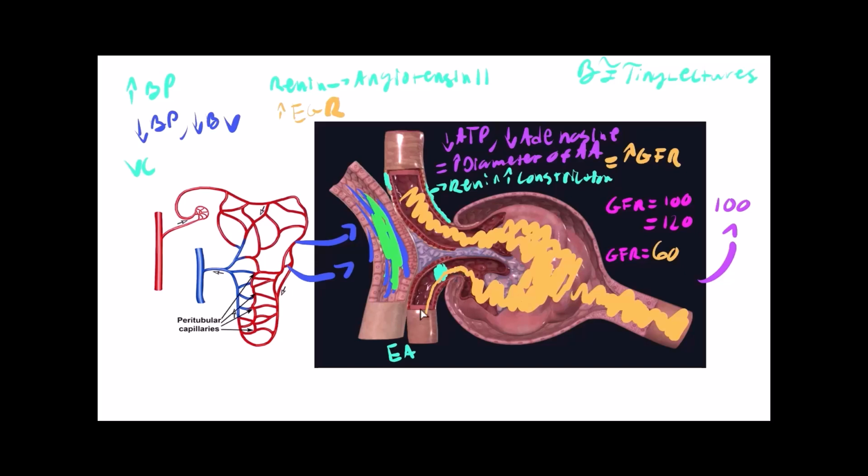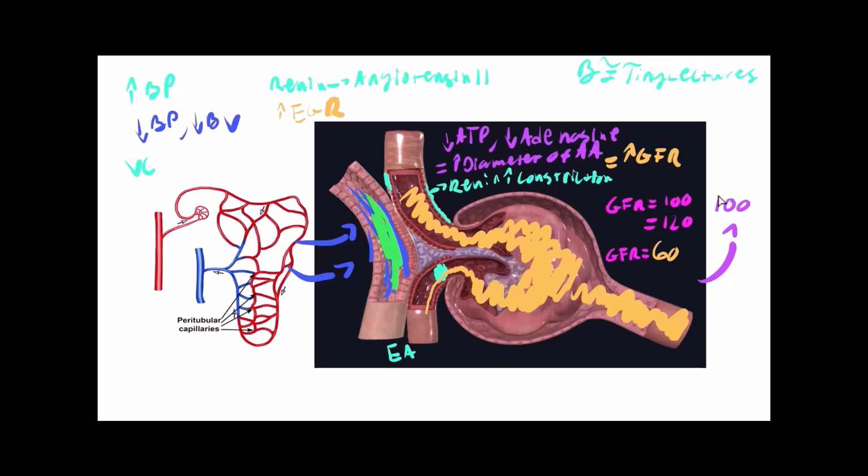When we constrict the efferent arteriole and relax the afferent arteriole, we will increase the pressure inside the glomerulus. And that goes from a GFR of 60, which is depressed, and it goes back to the original GFR, which is 100. And so this whole system is just trying to go back to the original baseline.